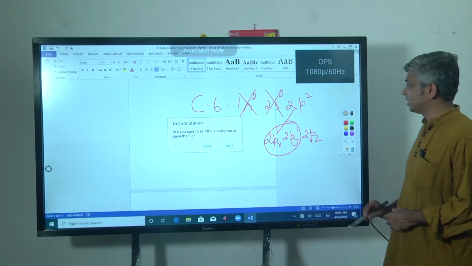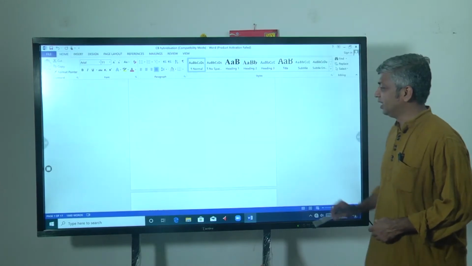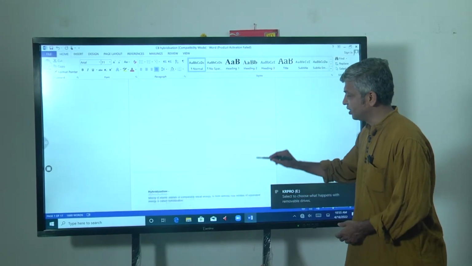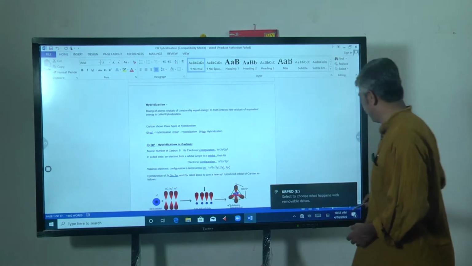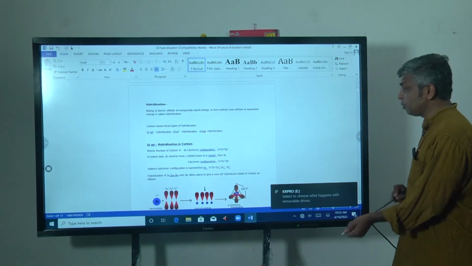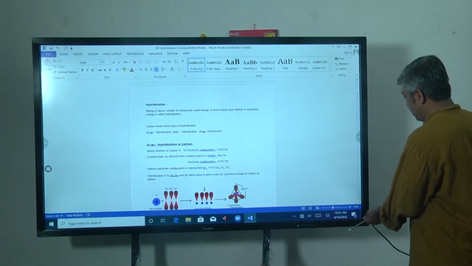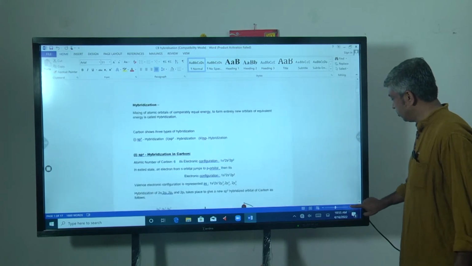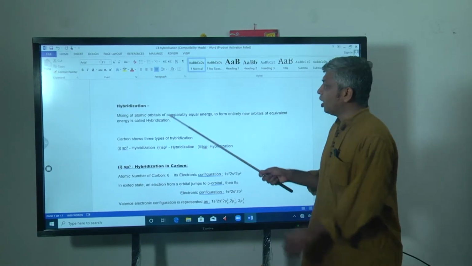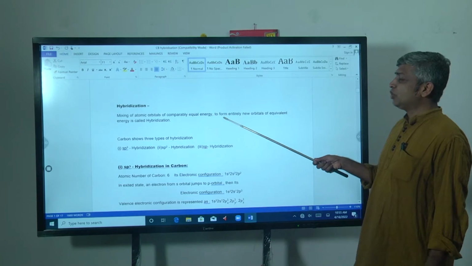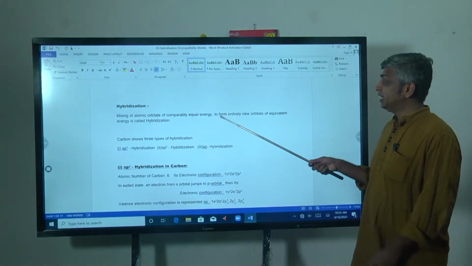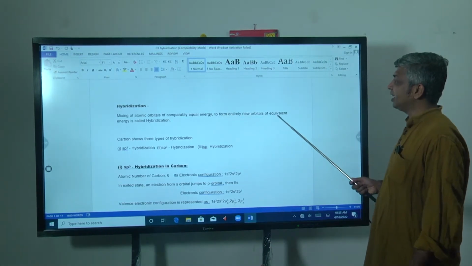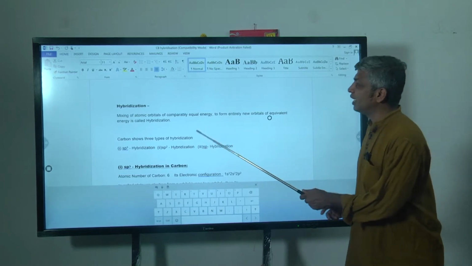For that answer, we will go to the next concept, which is called hybridization. What do you mean by hybridization? Hybridization is nothing but the mixing of orbitals of comparatively equal energy to form entirely new orbitals of equivalent energy.